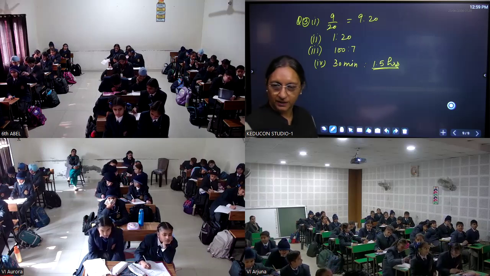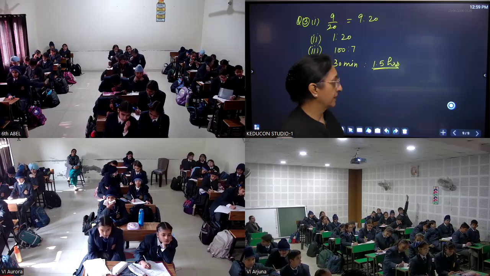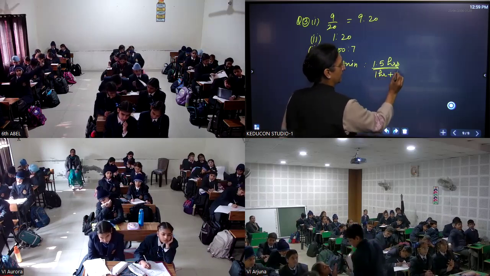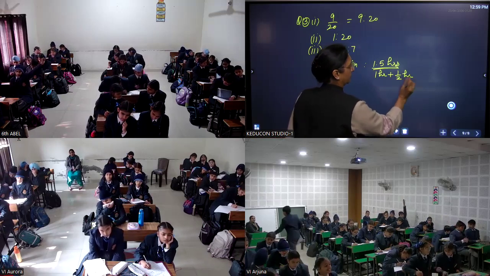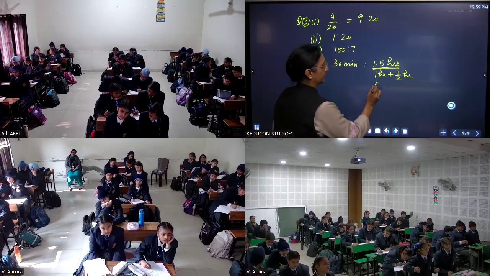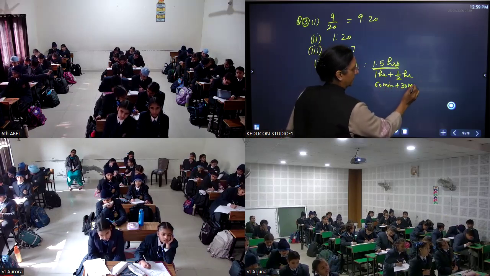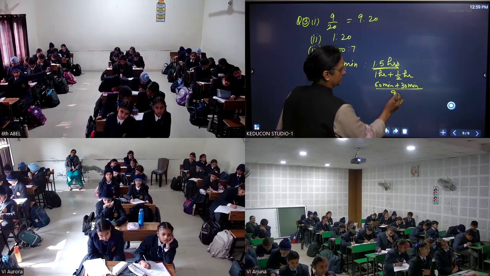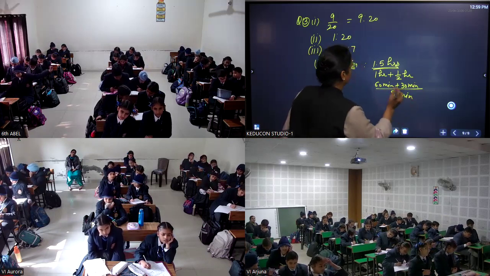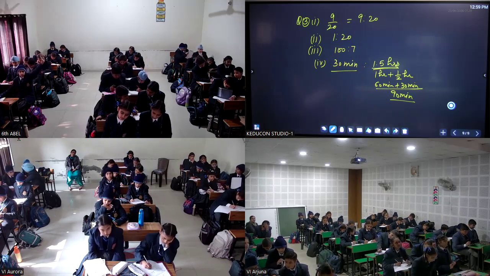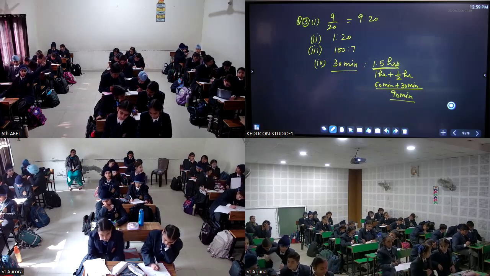Please understand it. This is 1 hour plus half an hour more. It means 60 minutes plus 30 minutes, which means 90 minutes. Okay, you are using the same unit up and down. 30 minutes ratio 90 minutes.